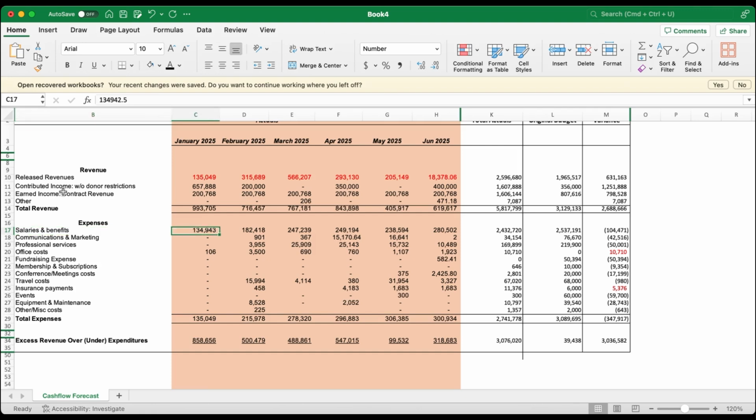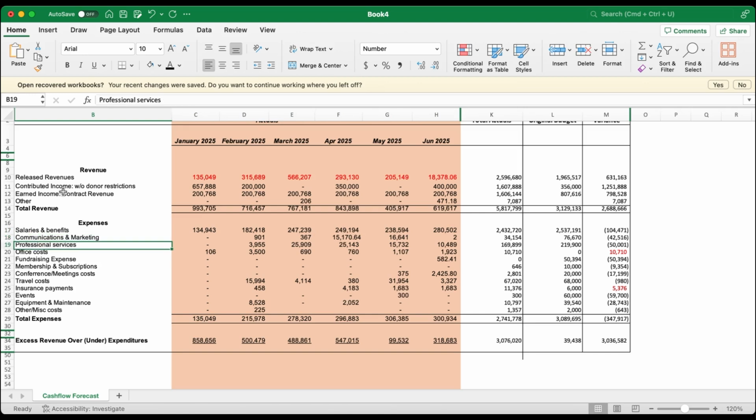So you see salaries and benefits started to easily go up month over month. Whereas typically salaries and benefits is more of a fixed expense, in this case, we could actually consider it variable because we know that over the first couple of months in the year, they're looking to hire. And so we know that it's not really going to be steady. Communications and marketing, another variable expense. Professional services.